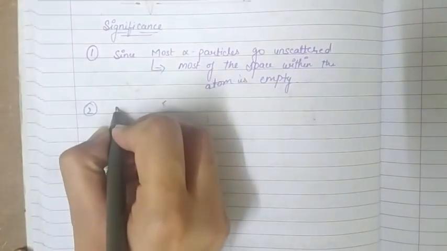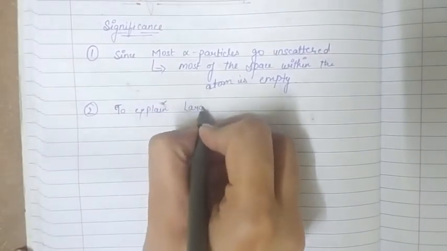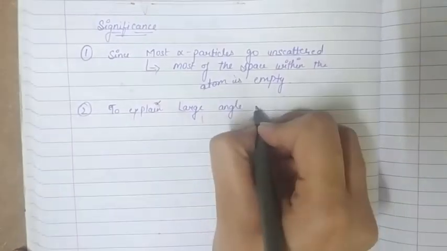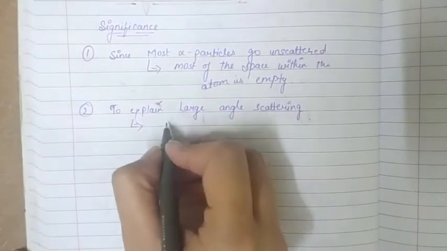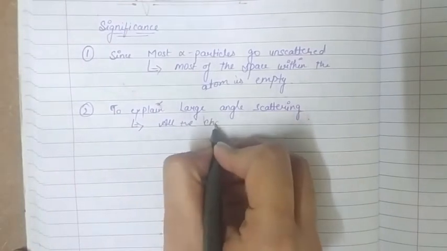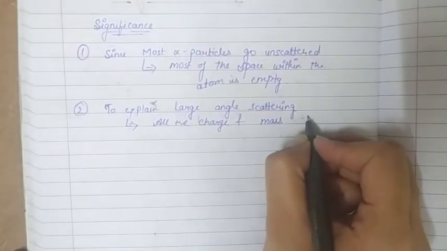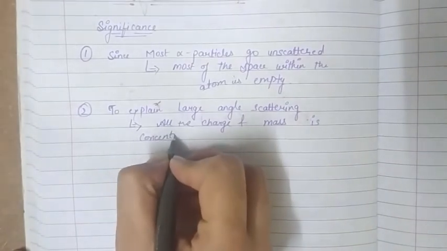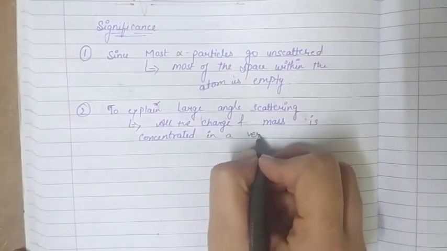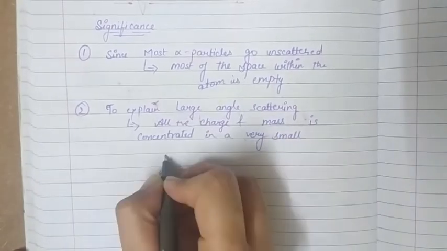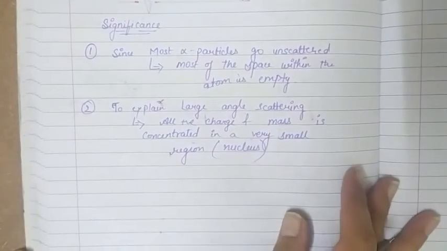So to explain large angle scattering of alpha particles, he suggested that all positive charge and mass of the atom is concentrated in a very small region, and we call this region the nucleus, right? This is the second point.